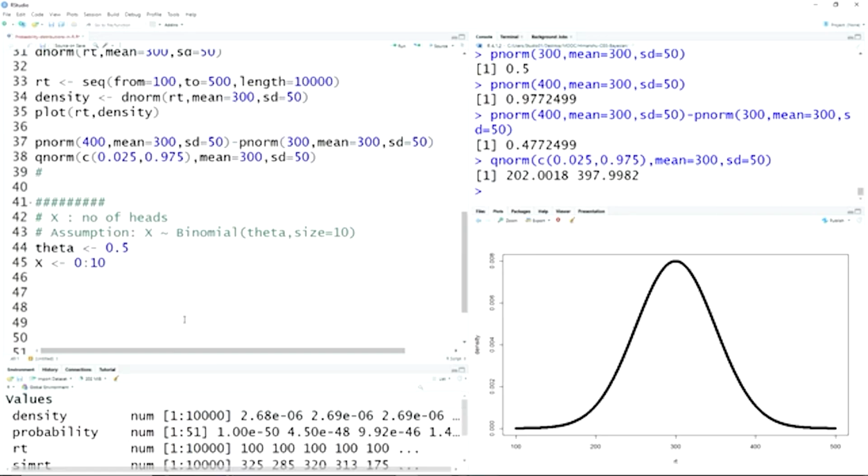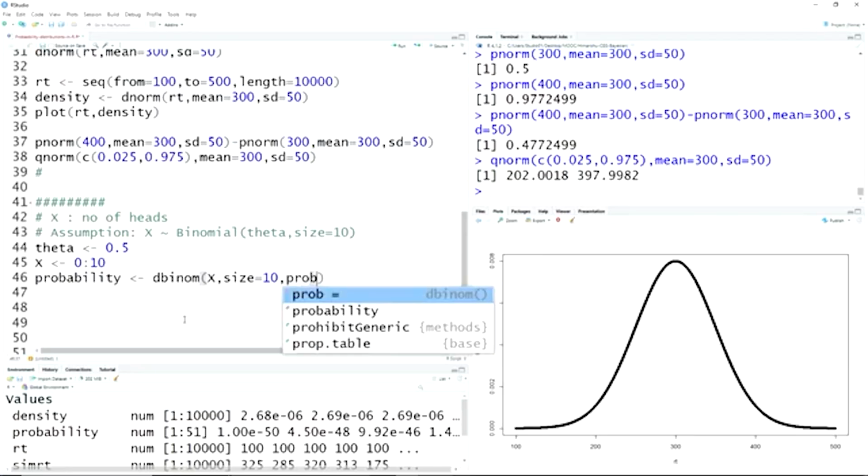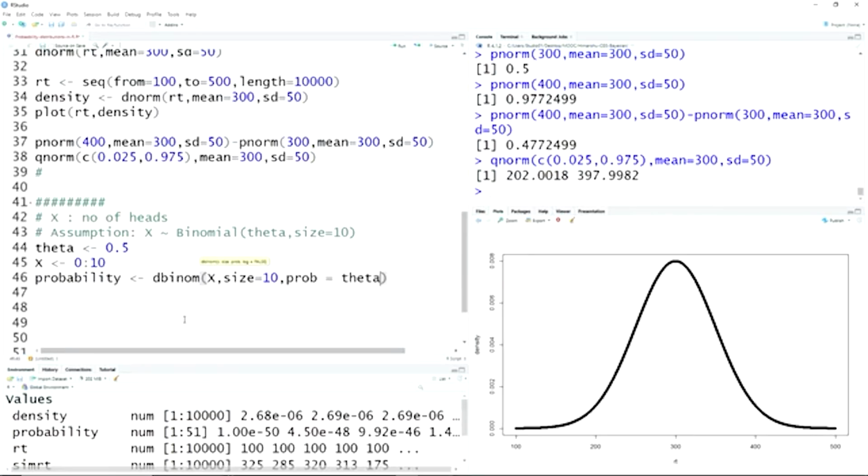Okay. So, let us calculate probabilities corresponding to each value of x, which you can calculate using the dbinom function. This function calculates the value of the probability mass function. So, here you will pass x, sample size is 10, and the underlying probability of success is theta, which is 0.5 in this case, right.